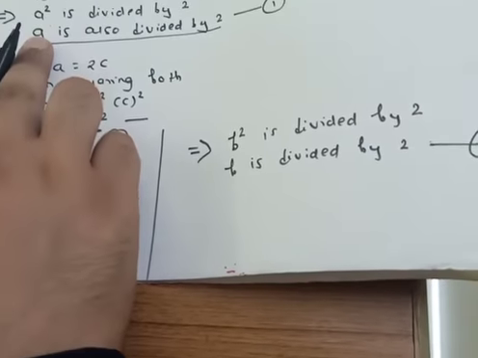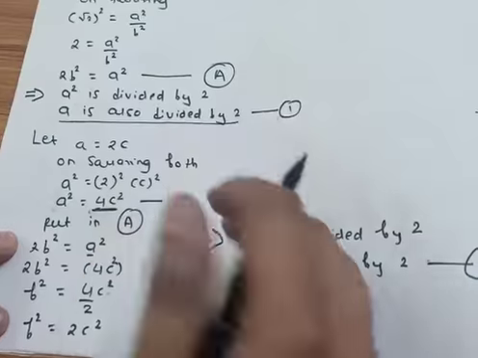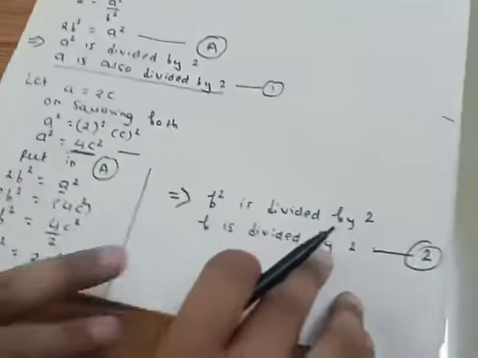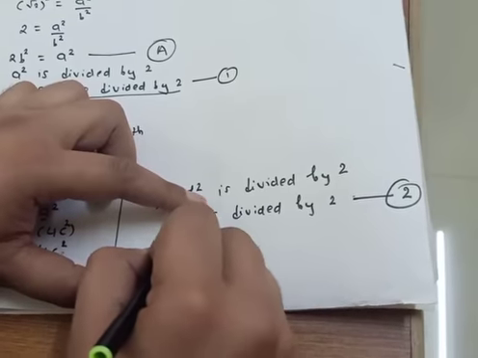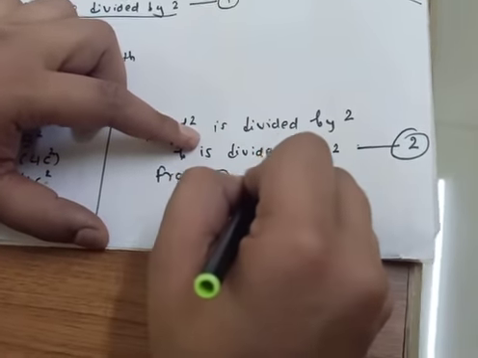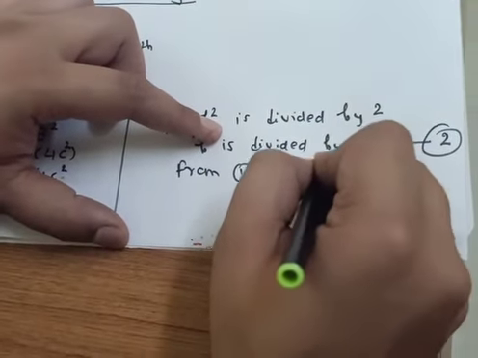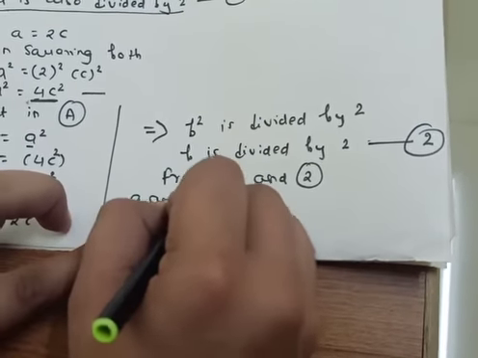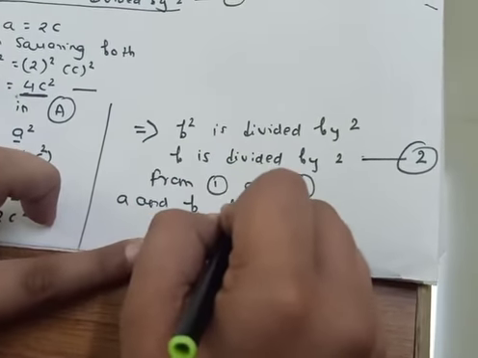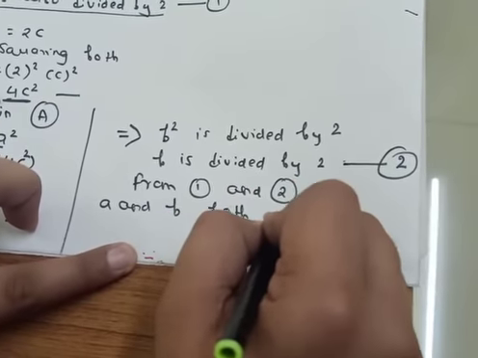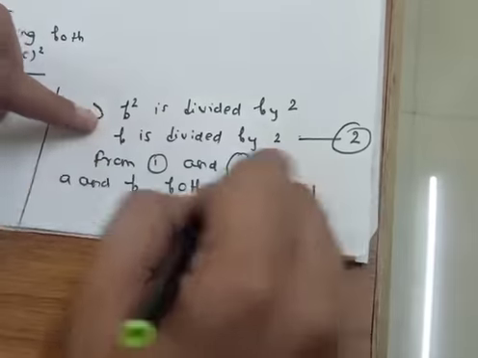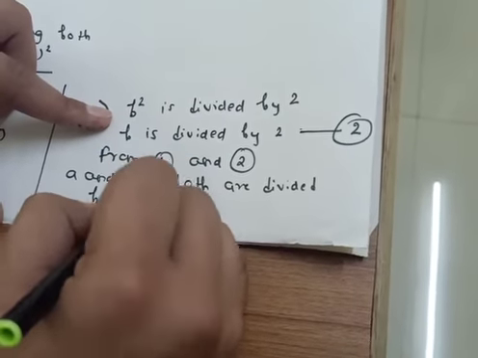From 1 it indicates that a is divided by 2. From 2 it indicates that b is divided by 2. From 1 and 2, a and b both are divided by 2.